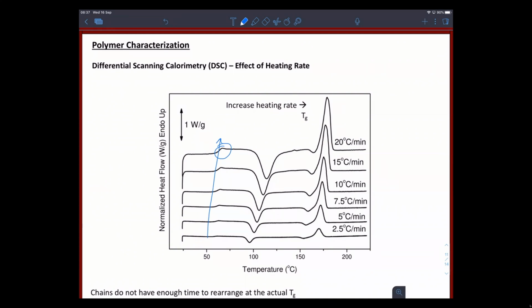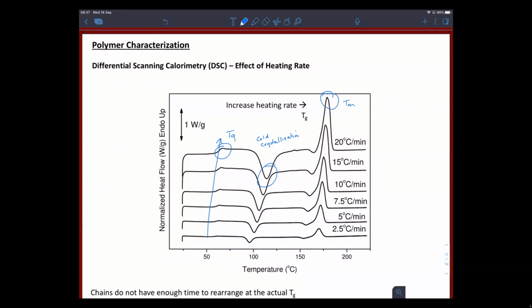Anyone, please? Is it TG? It's TG, good. What is this one? Cold crystallization. Good, good. What is this one on the end? It's TM. TM, good. They all look the same, so it's pretty straightforward.